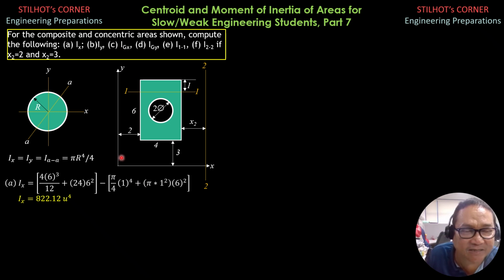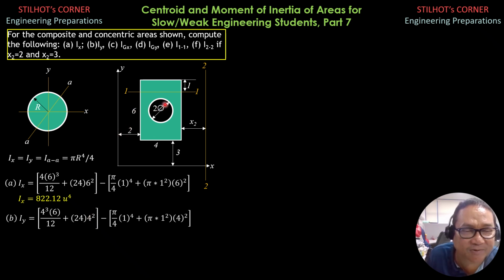Similarly, Iy, we just interchange the term, the quantity that is cubed. So it is 4 cubed times 6 over 12 plus 24 times 4 squared. The distance this time is 4 of the centroid of the rectangle from the y-axis. Half of 4 is 2 plus another 2, so that's why it's 4.